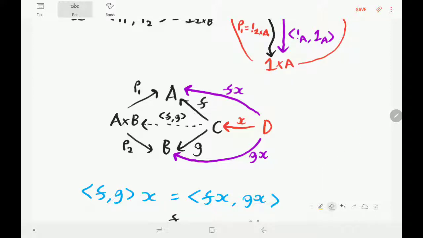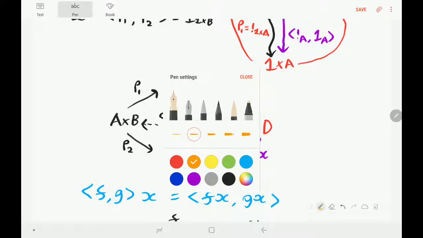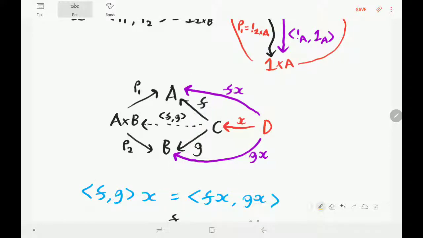So this is a core formula. I'll leave it to you to think about the proof of it, but it's extremely useful. Basically, we can compose this X here with this black intermediary arrow, and that gives us this bigger intermediary arrow, which is the intermediary arrow for these purple arrows, Fx and Gx.